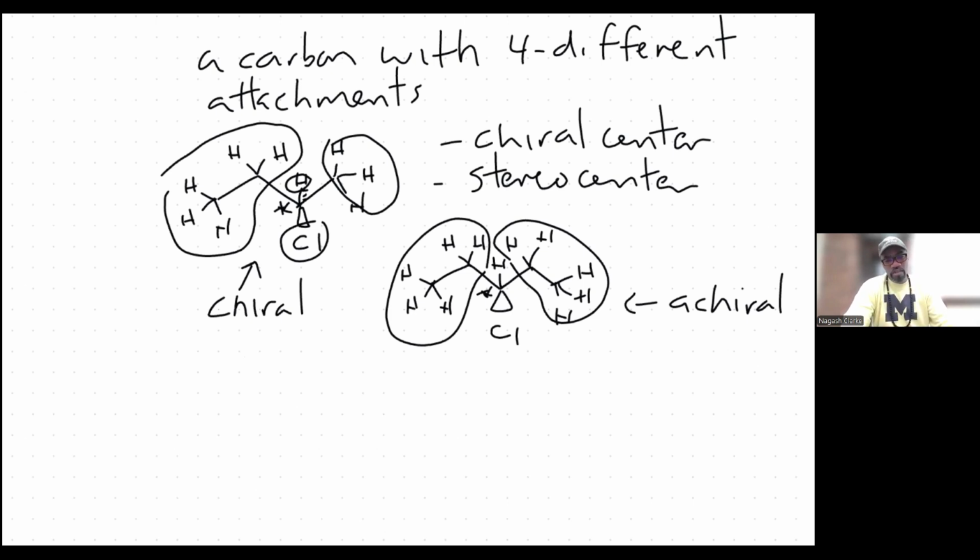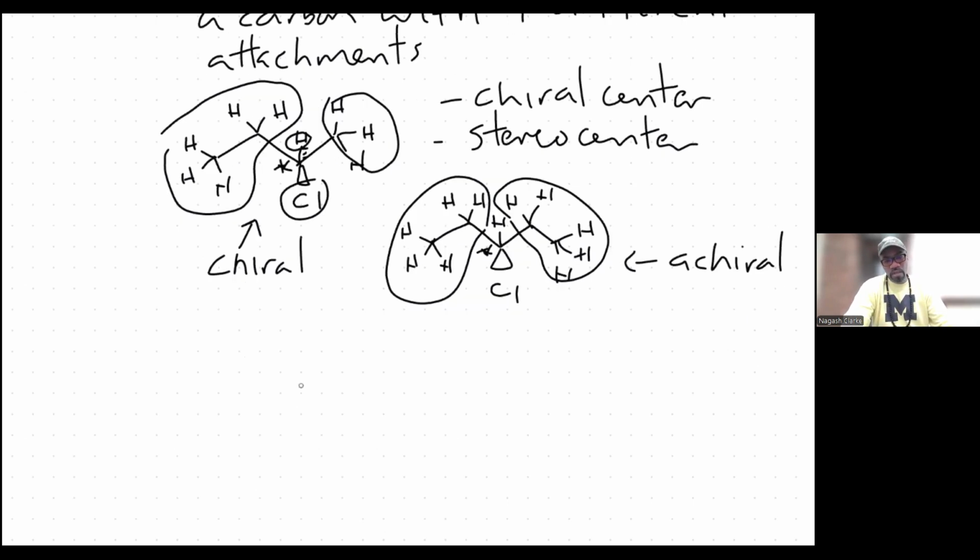Let's look at a ring. The rings can be a little tricky. So let's say we have an OH here. Any chiral carbons on this ring? Well, there's a hydrogen that's coming out.